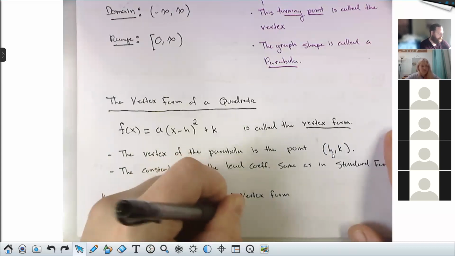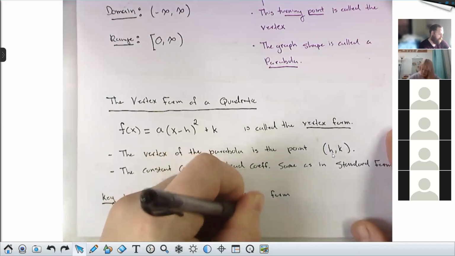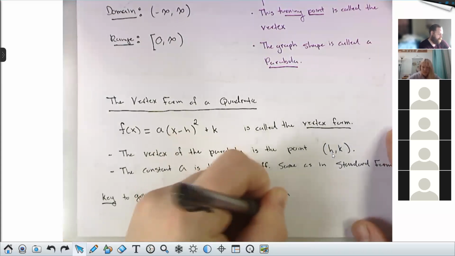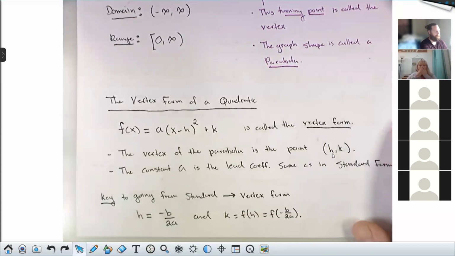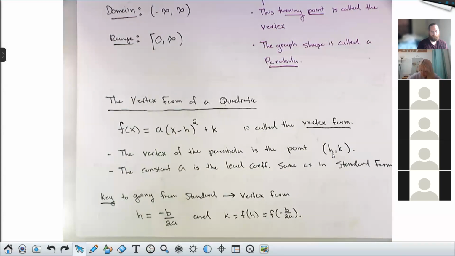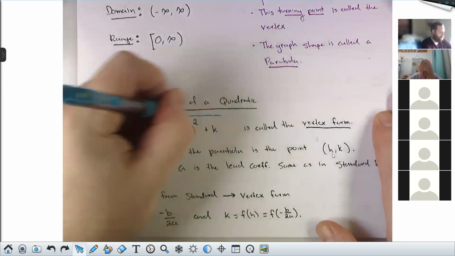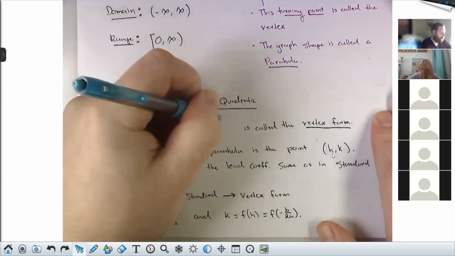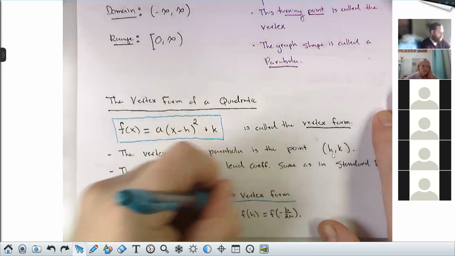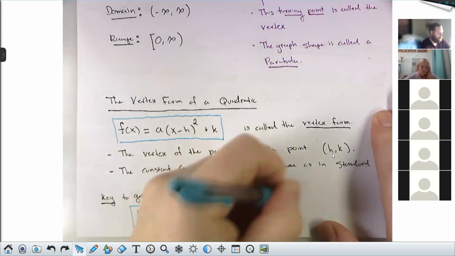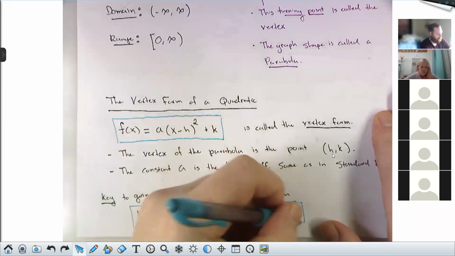So k is f of h, which is f of negative b over 2a, because h is negative b over 2a. So this is the form that is most useful for graphing. And this is how you go from the standard form to the vertex form.